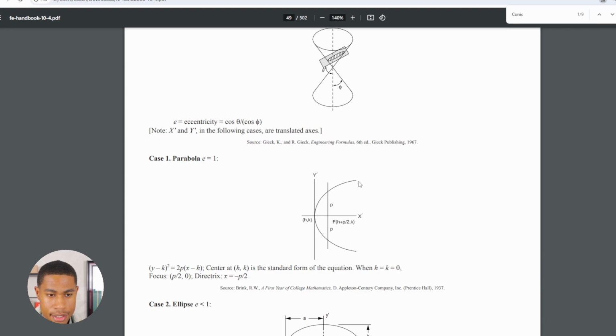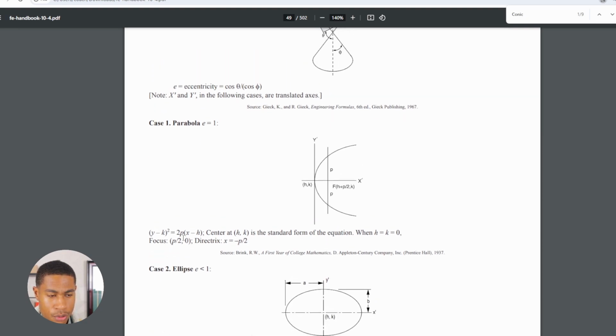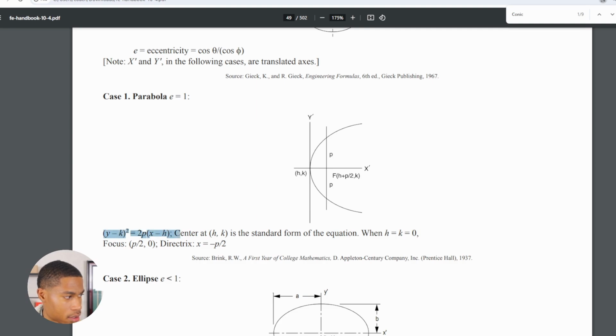A parabola creates this kind of shape that follows my arrow. If they give you an equation, it will look something like this, where they're defining what the equation would be. So you would have y minus k squared is equal to 2p times x minus h. What is p? p looks like some sort of focus, p divided by 2.